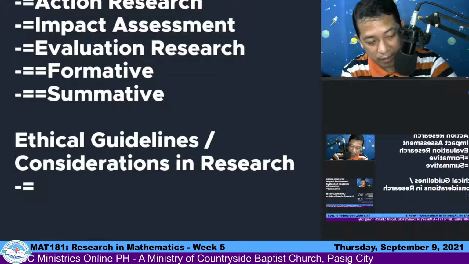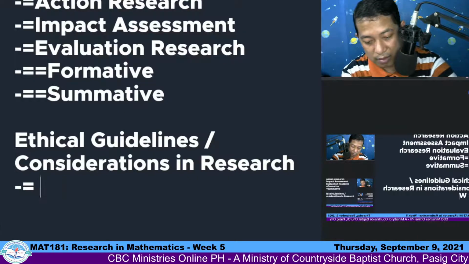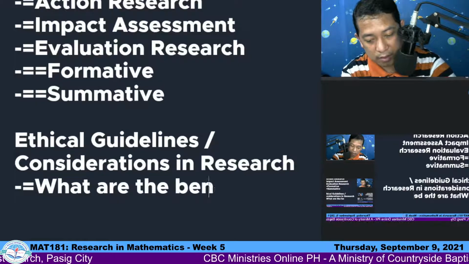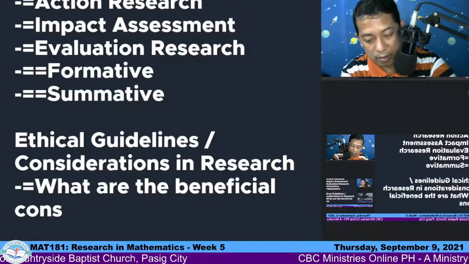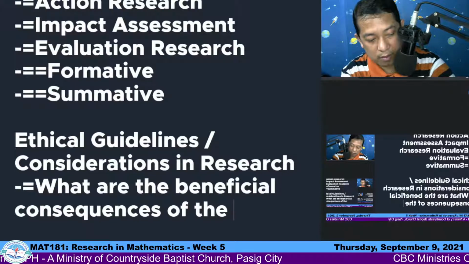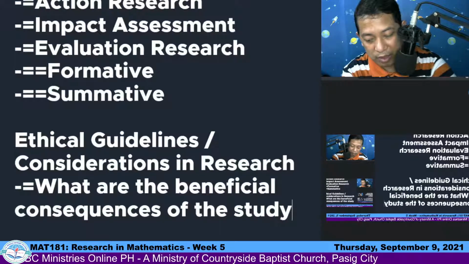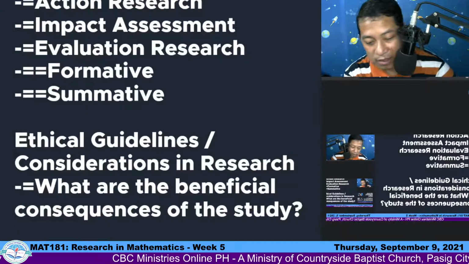First of all, what are the beneficial consequences of the study? Who will benefit from this study? Dapat matukoy natin to. Who will be the beneficiary of the study?